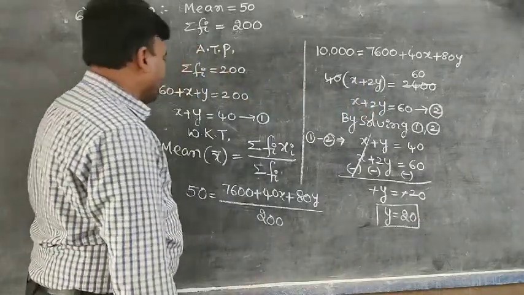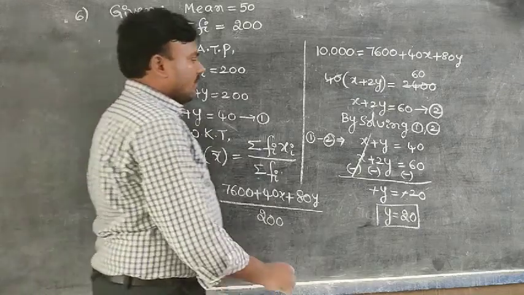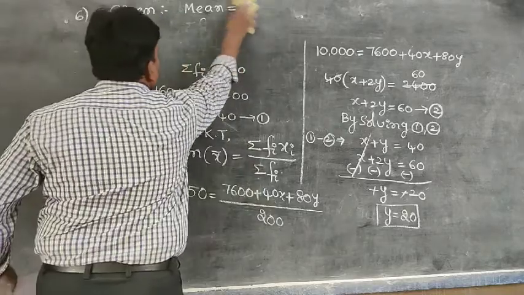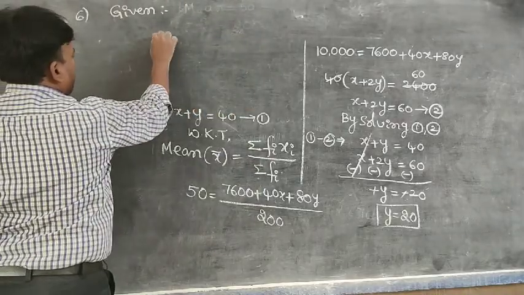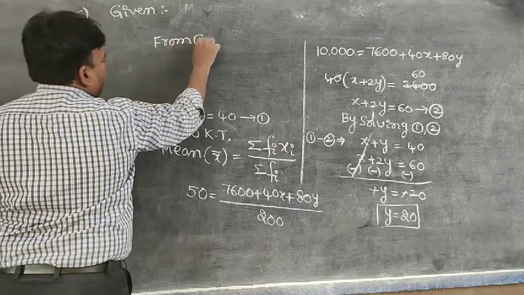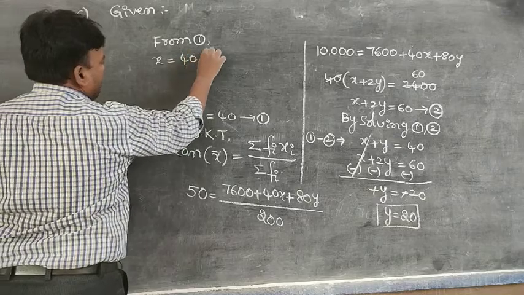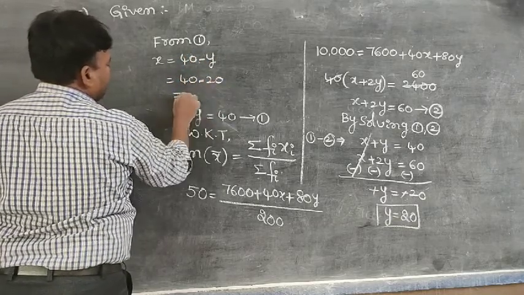From equation 1, substitute the y value, we can get the x value also. From equation 1, x equal to 40 minus y, then 40 minus 20, it becomes 20.